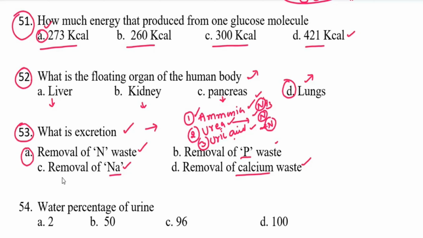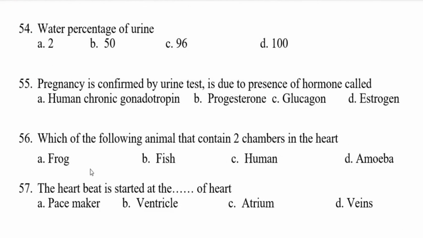Coming to the 54th question. Water percentage in urine. Very important actually. Regularly we are urinating, especially in the form of urine. Urine is a combination of water plus organic and inorganic components. The question is, what is the percentage of water in the urine? The absolute answer is C, 96% water is present in our urine.